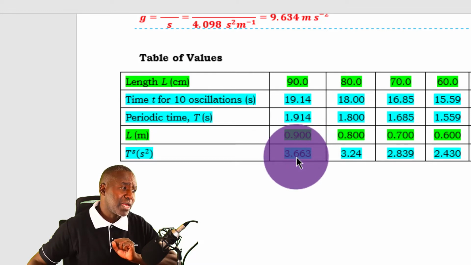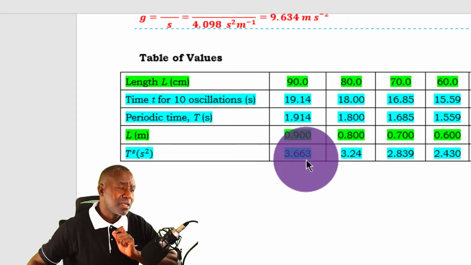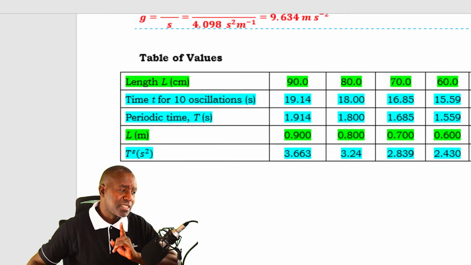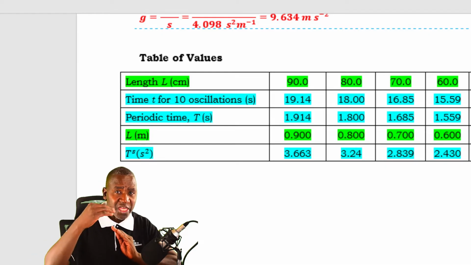But when it comes to the x-axis, it is 3.663. You find that this scale that I've chosen enables me to plot up to the second decimal of the value of t squared. So you will have to round it up in your head.